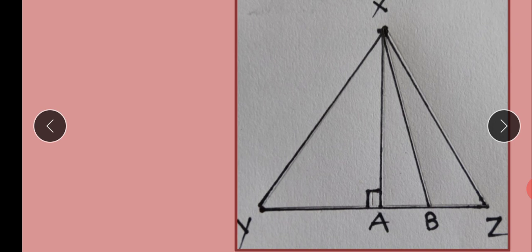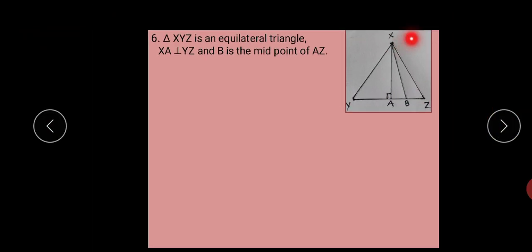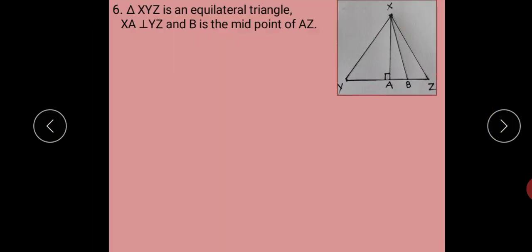And the concept is, in an equilateral triangle, altitudes drawn on any side are same as medians. This concept you should know to proceed further. Okay.